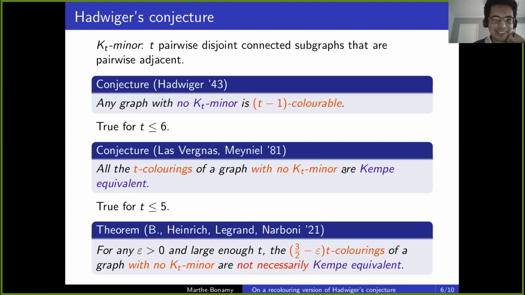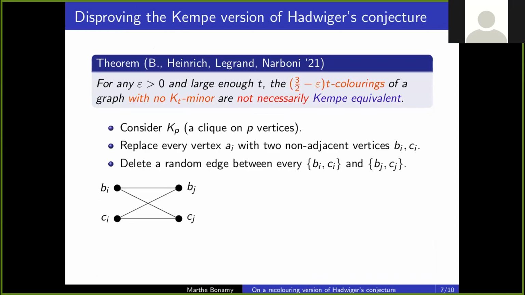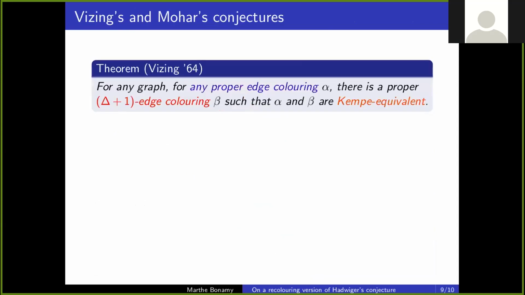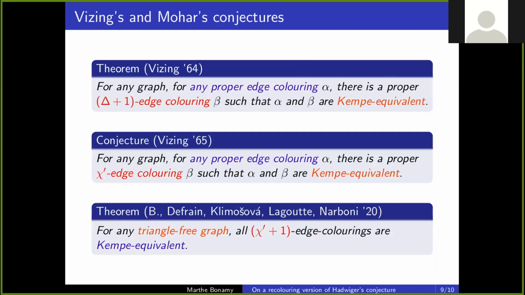Okay, thank you. Sorry, there was one thing about Vizing's conjecture that I didn't understand, the one before last. You said that there's an alpha, but then there's a proper delta plus one edge coloring. So alpha is a delta plus one edge coloring? Alpha can use arbitrarily many colors.